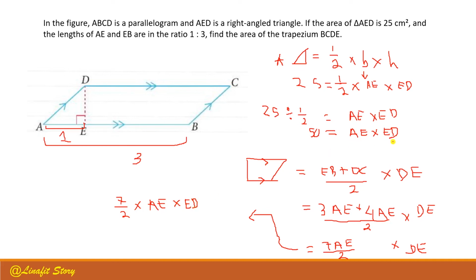AE times ED is equal to 50. So 7 out of 2 times 50 is equal to 175 square cm.